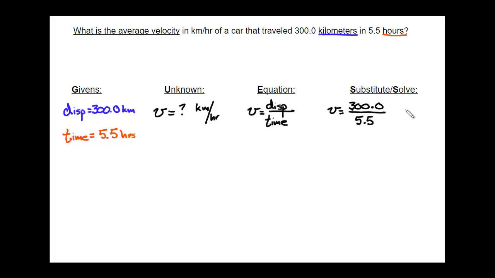Once again, I'm not putting the units here because it gets messy, so velocity equals 300.0 divided by 5.5. And I get a number, 54.5454555.